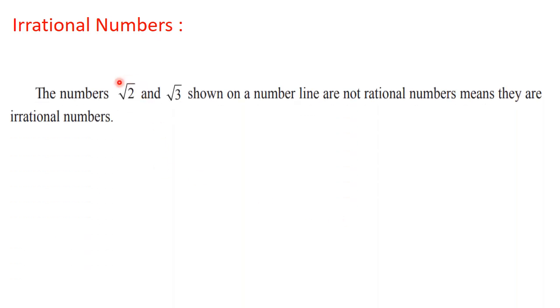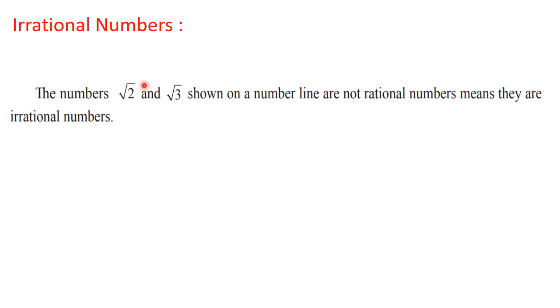Here you know numbers like root 2 and root 3. These numbers are called irrational numbers. These numbers are not rational, but irrational. Why? You know that 2 is not a perfect square. 1 squared is 1, 2 squared is 4. If we write root 4, then root 4 is equal to 2, which is rational.